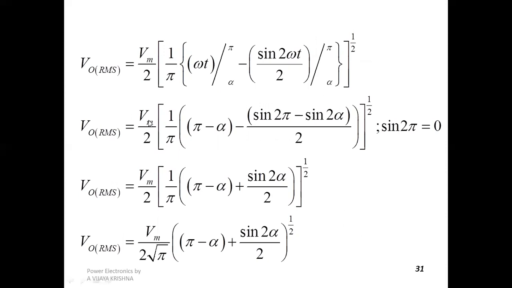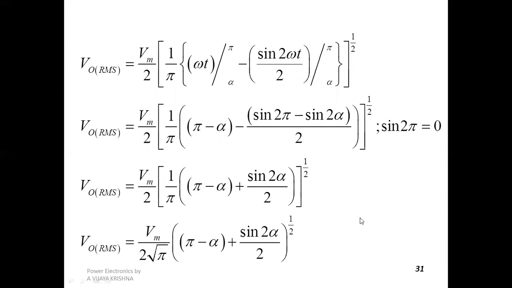Substituting the limits, we get Vm by 2 of 1 by pi of pi minus alpha, minus sine 2 pi minus sine 2 alpha by 2, where sine 2 pi, sine 360, is 0. Therefore Vm by 2 of 1 by pi of pi minus alpha plus sine 2 alpha by 2, and Vrms equals Vm by 2 root pi of pi minus alpha plus sine 2 alpha by 2, under root.